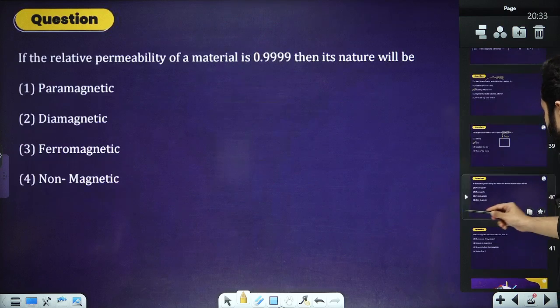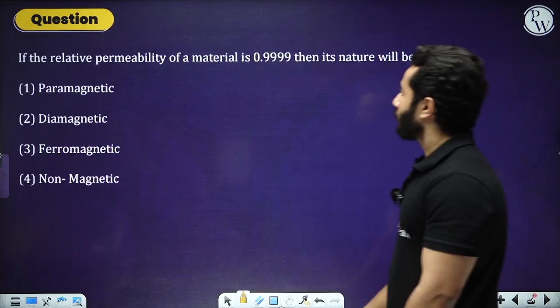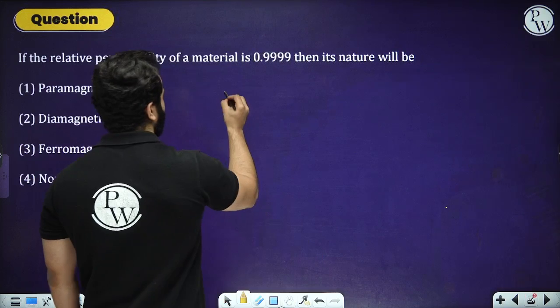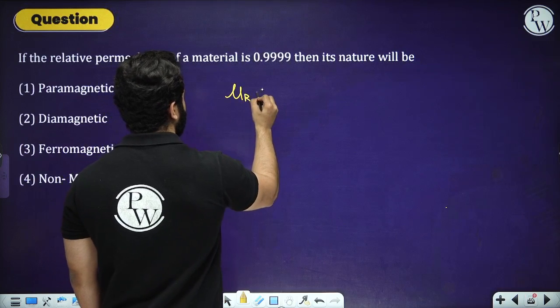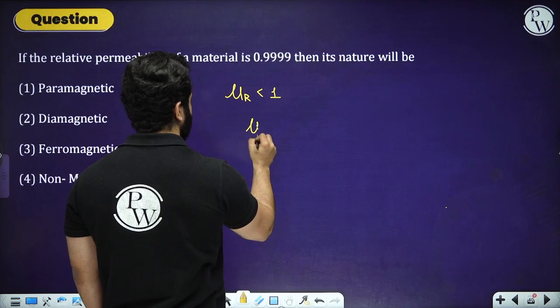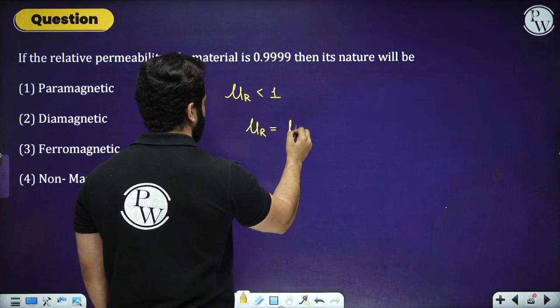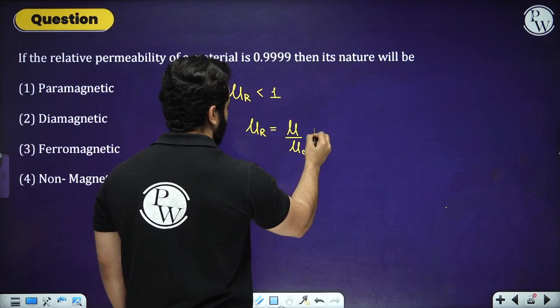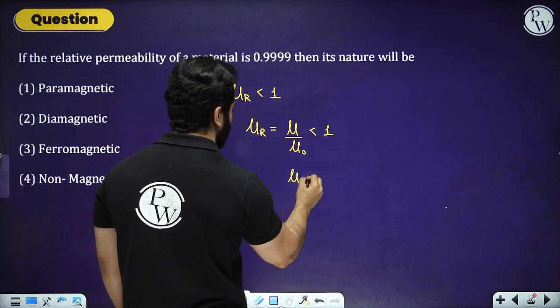Moving on, if the relative permeability of a material is less than 1, that means relative permeability, which is nothing but mu upon mu naught, is less than 1, which means mu is less than mu naught.